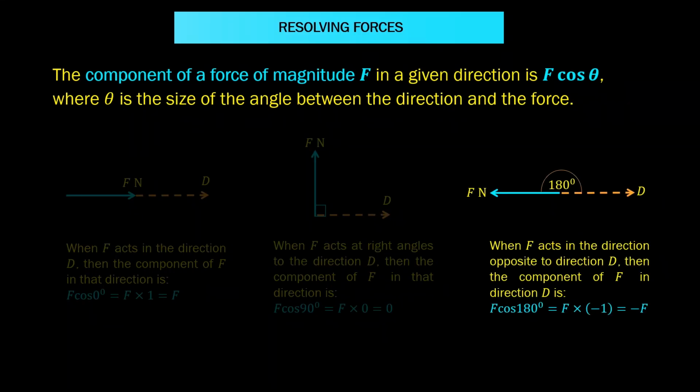And when F acts in the direction opposite to direction D, as shown in the last diagram, then the component of F in direction D is F cos 180 degrees, which equals F times minus 1, which equals minus F.